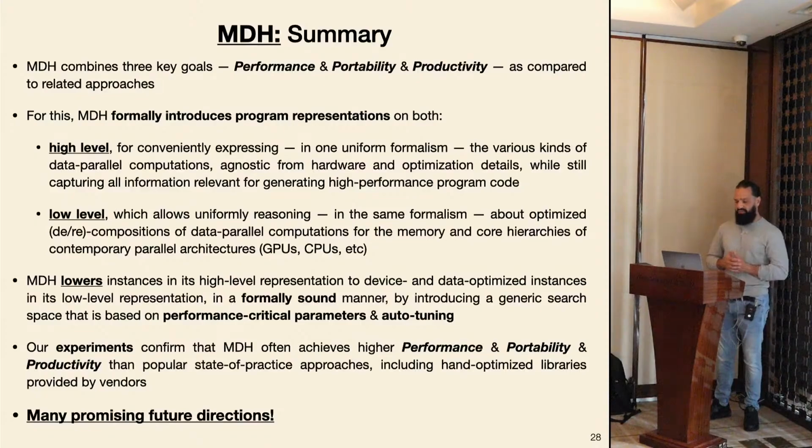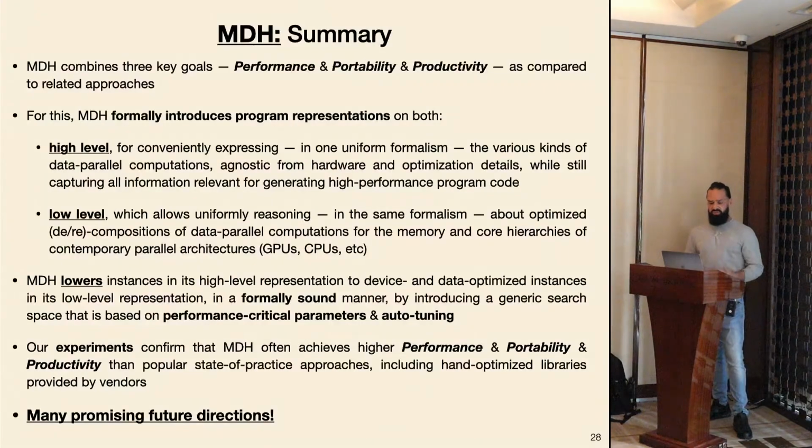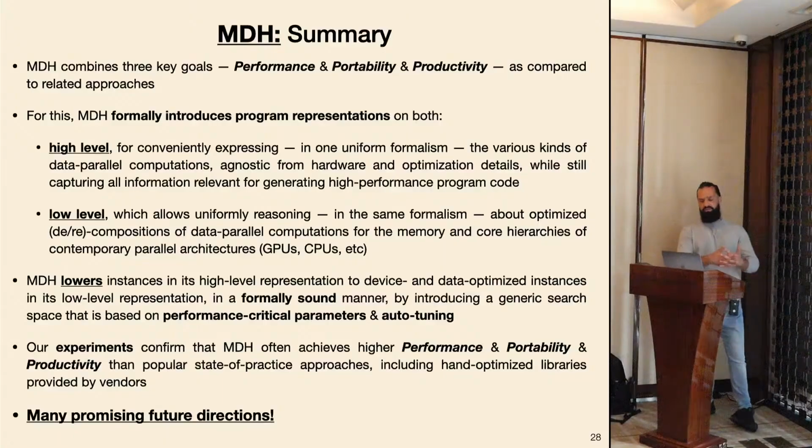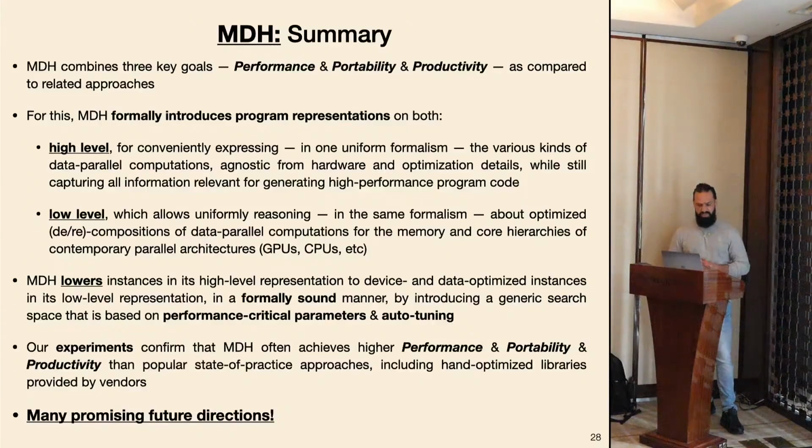In contrast to the high-level representation, the goal of the low level was to explicitly express a hardware- and data-optimized decomposition and recomposition of computations so that we can efficiently target the memory and core hierarchies of modern parallel architectures here. And MDH also introduced a lowering process so that the high-level instance in our high-level representation can be fully automatically lowered to a device- and data-optimized instance in our low-level representation based on auto-tuning.